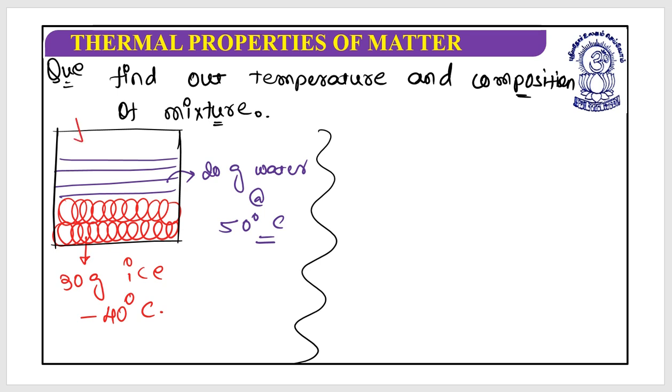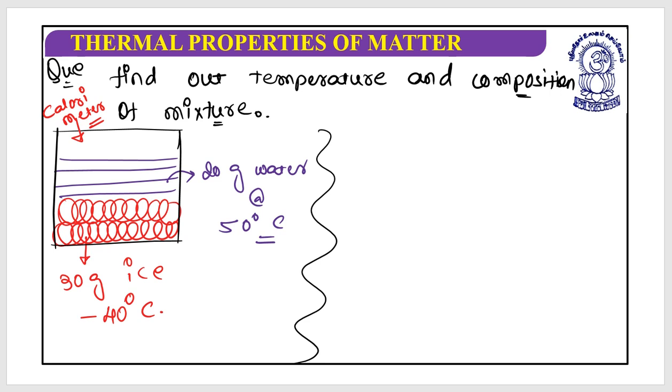This container is a calorimeter, and as we have discussed previously, a calorimeter is a device which does not allow heat to be transferred from the calorimeter to the surroundings. It is not even going to accept any heat from the surroundings. So now what will happen? Basically these two things, water and ice, have been mixed.